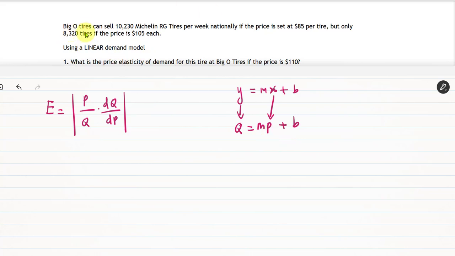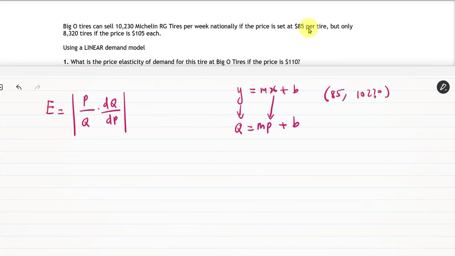Looking at the problem, we know that they can sell 10,230 tires per week if the price is set to be $85. So I have $85, then I can sell 10,230.